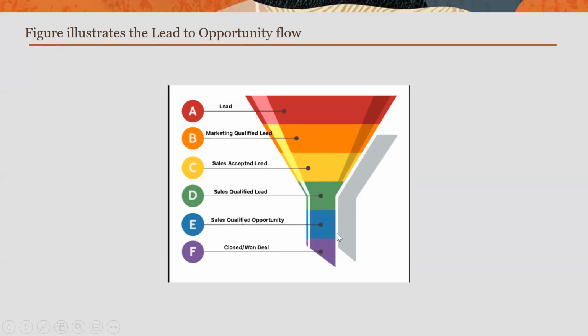They will do all the assessments, and finally we can see that out of these only a few are closed as won or lost. At the opportunity level also there can be chances of losing. That's why finally we see a smaller number of deals.